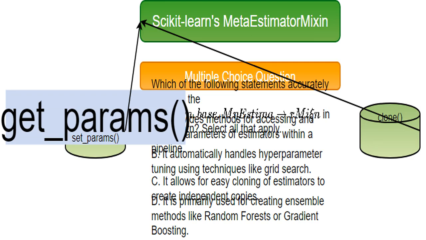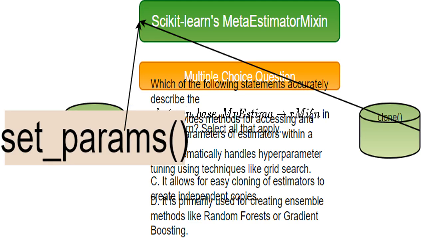This is a method provided by MetaEstimatorMixin. I use it to retrieve all the parameters of an estimator. It's like asking the estimator, what settings are you using? This is a partner to get_params. With set_params, I change an estimator's settings.